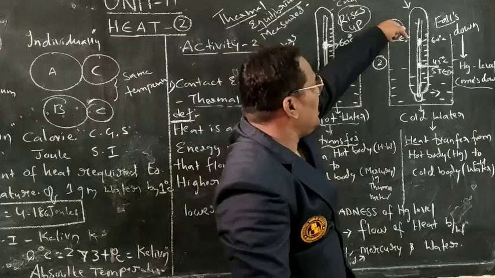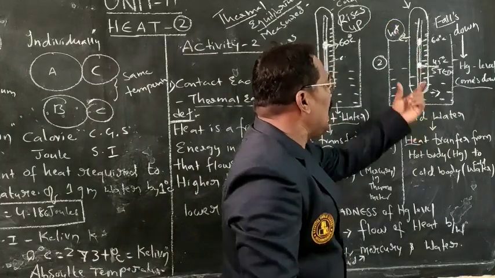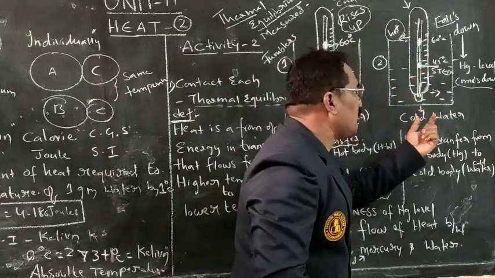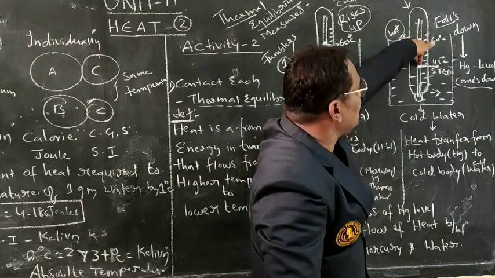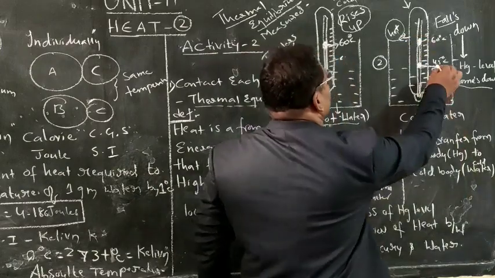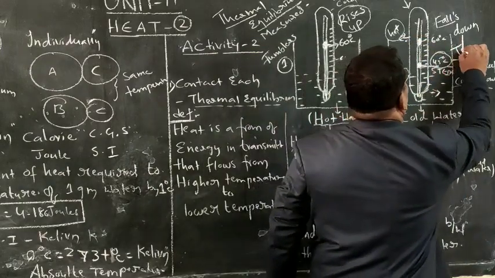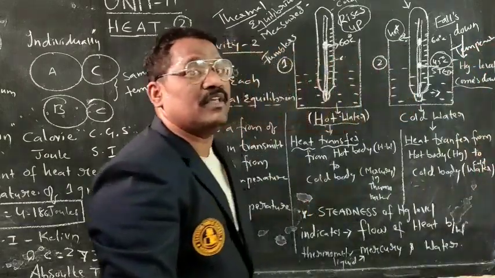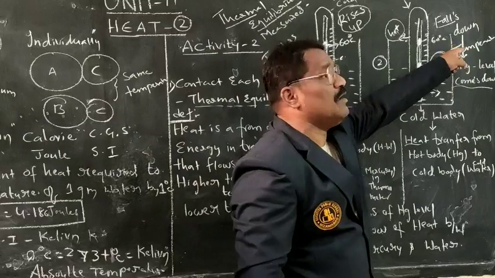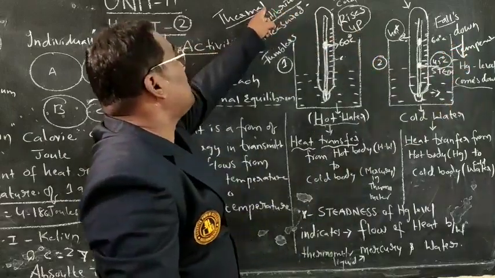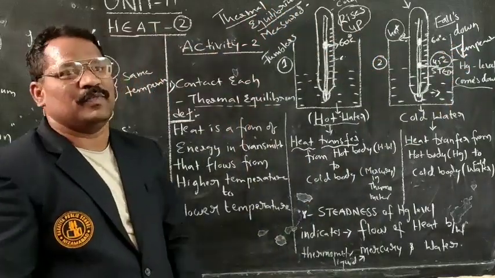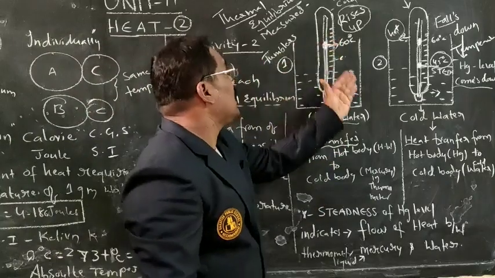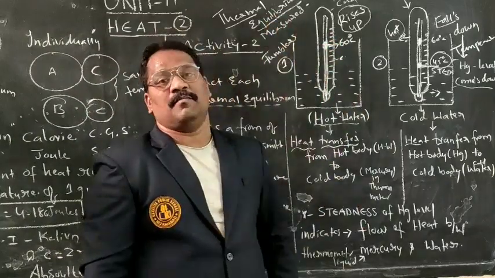As it has attained thermal equilibrium, the thermometer reading is stationary. That reading itself will give us nothing but what? The temperature of that particular thermal equilibrium. Therefore, temperature is a measure of thermal equilibrium. This is one way of getting thermal equilibrium.